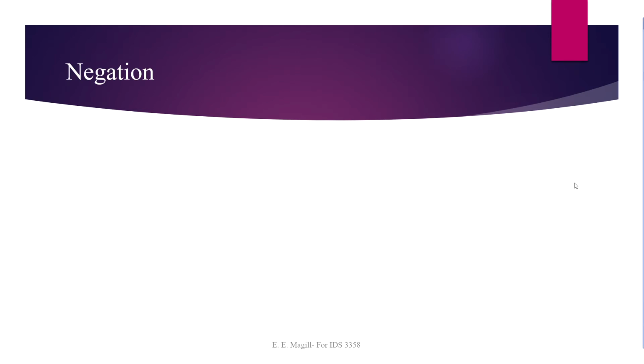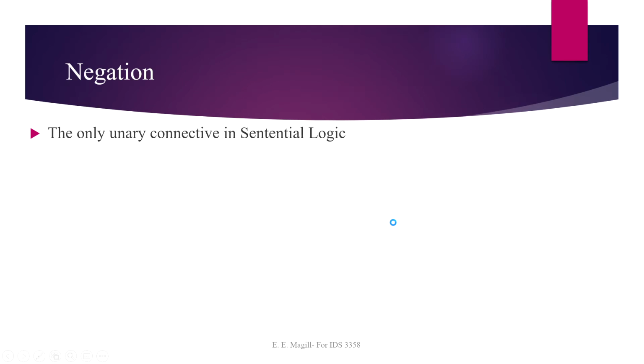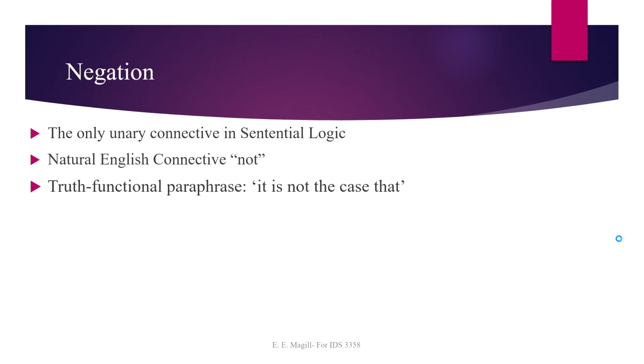So as we've already said, negation is our only unary connective. And the natural English word for this connective is not, and it's usually somewhere in the middle of a sentence. When we do our truth functional paraphrase to symbolize this, we move it from the middle of the sentence to the front and write it as "it is not the case that."